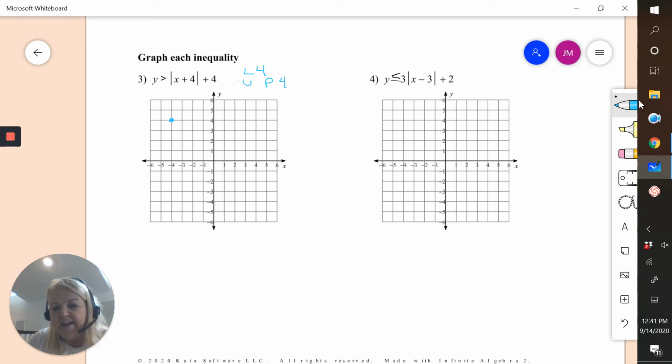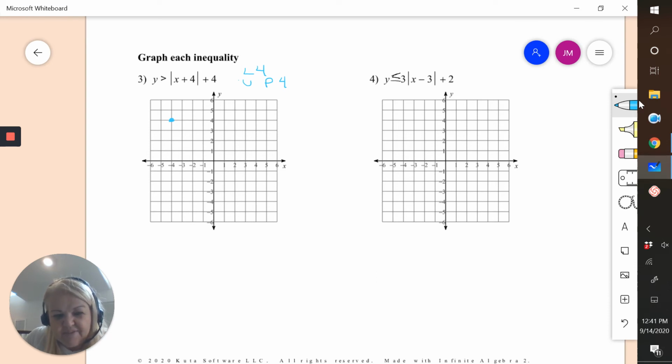Okay, and then this is really the only time you can use this trick. It's a little shortcut for the stretch. Okay, it only works in absolute values because they're linear. Don't ever do this in quadratics in a parabola. But the number in front sort of acts like the slope.